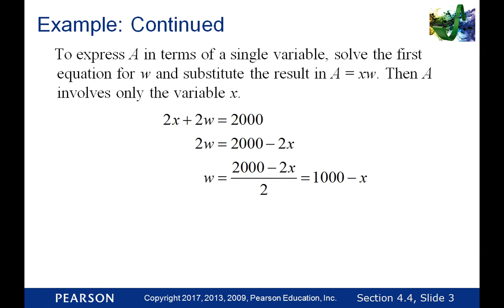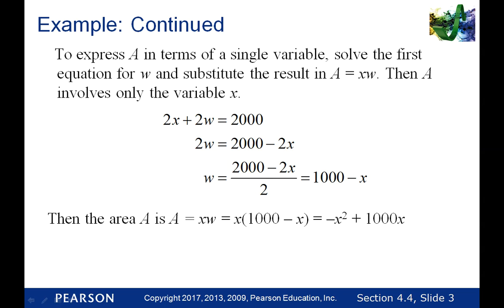If we solve the perimeter formula for W or X, it doesn't matter which, we chose W and end up with 1,000 minus X. That's what you would want to do for any of these problems, get one of those letters solved for. That allows you to take the area formula, length times width.